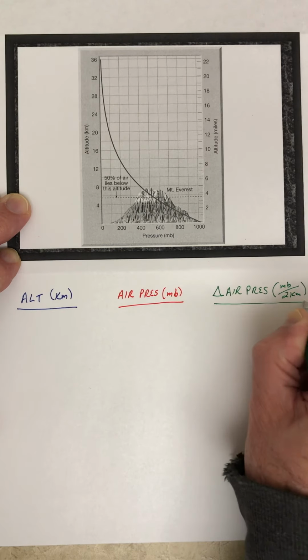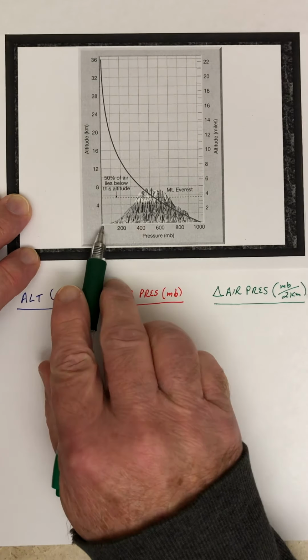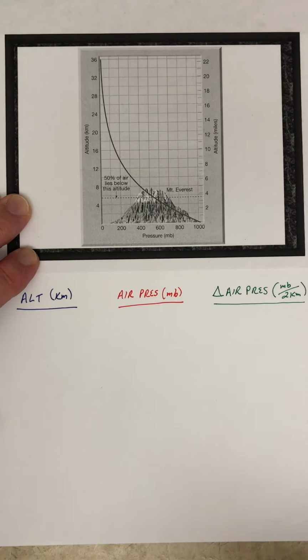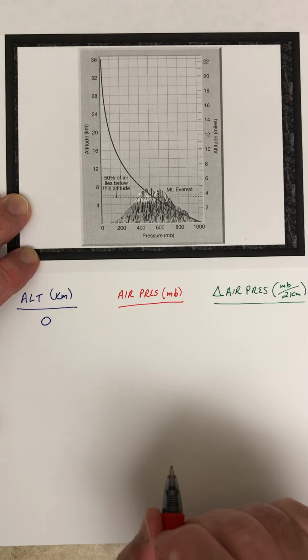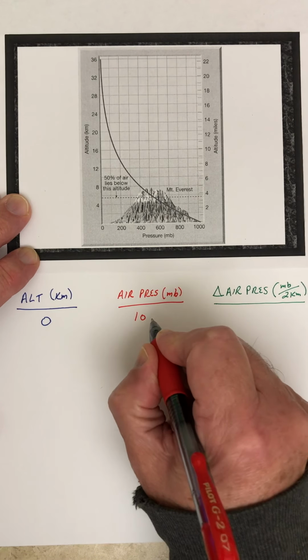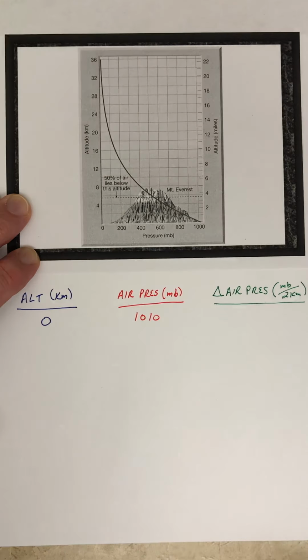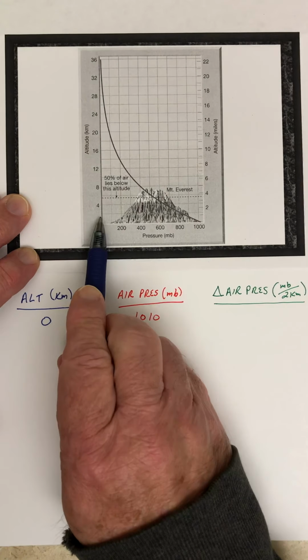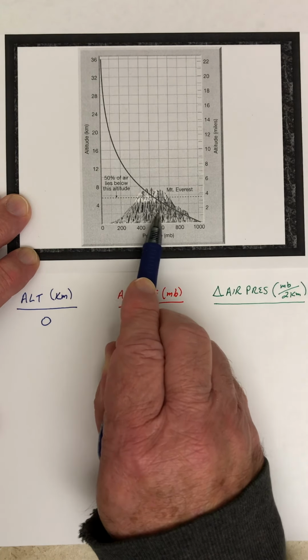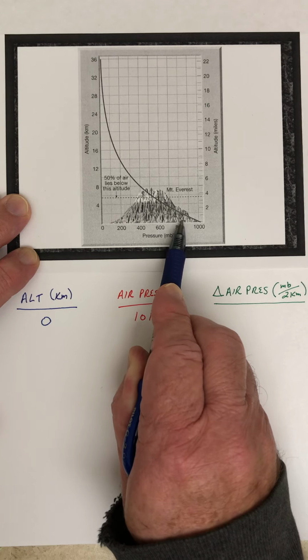Let's start off at the surface. The altitude would be 0 kilometers. The air pressure would be about 1,010 millibars at the surface, and we have no air pressure change yet because we only have one level. When we go up to the 2 kilometer altitude, we read this over to the line and bring it down.